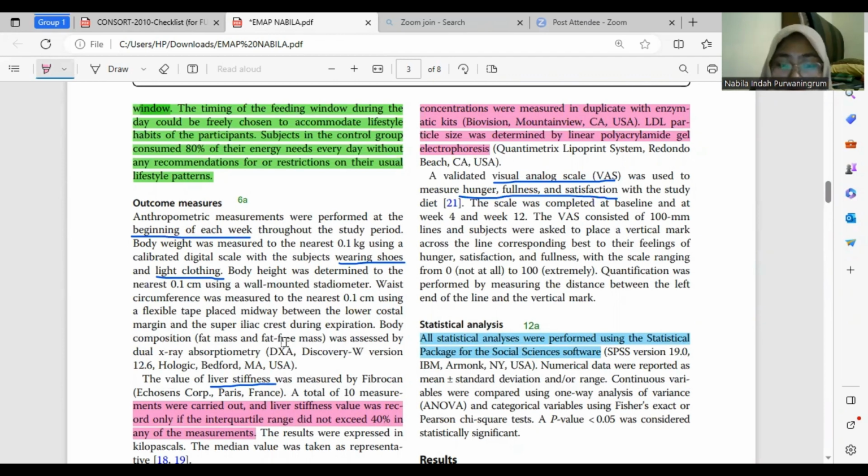Why does the funding need to be written? Of course we want to know. Authors should report the source of funding for the trial, as this is important information for readers assessing a trial.